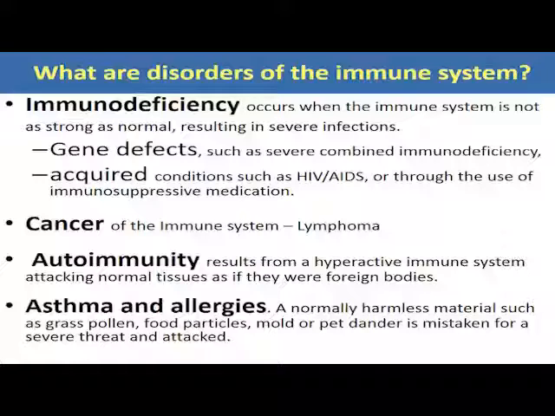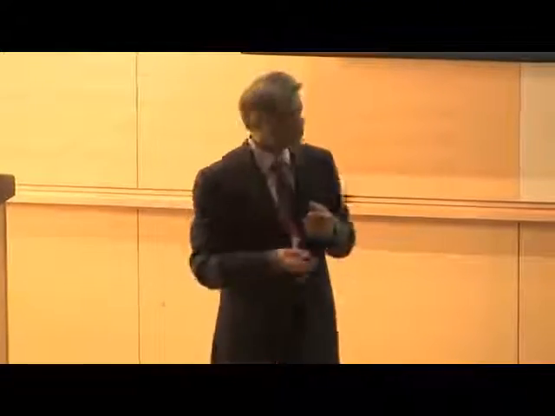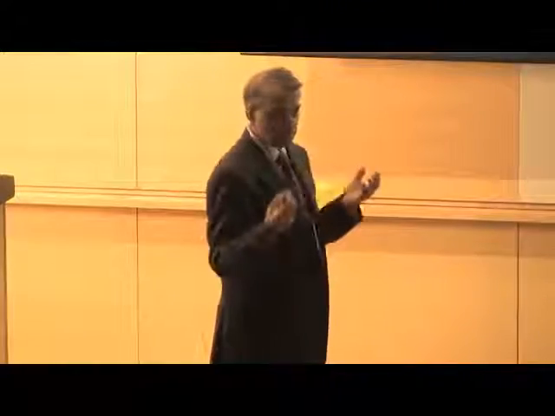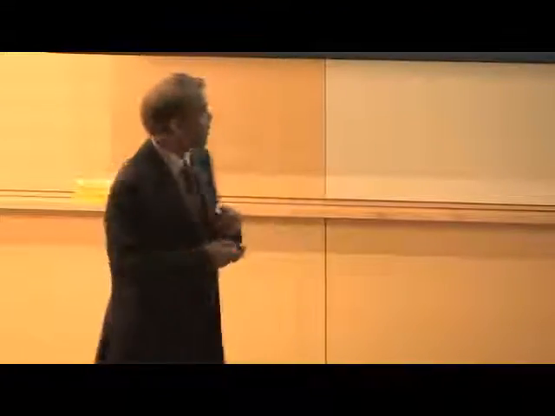This is called immune deficiency disease, where the immune system is not as strong as normal, resulting in infections. This can occur because of genes on the X chromosome or on other chromosomes, or because of infections that will kill immune cells. Then there is cancer of the immune cell, where an immune cell becomes cancerous, like lymphomas.